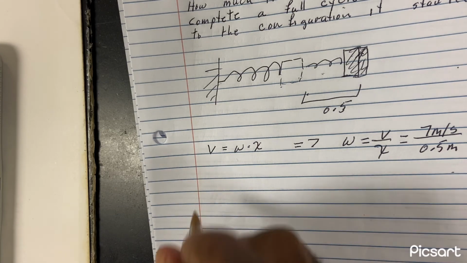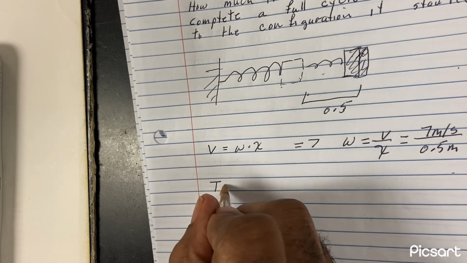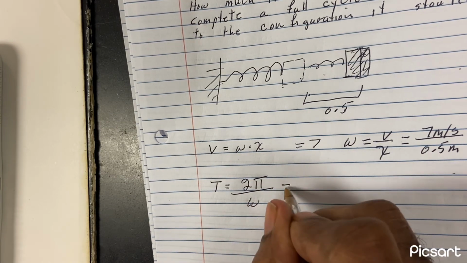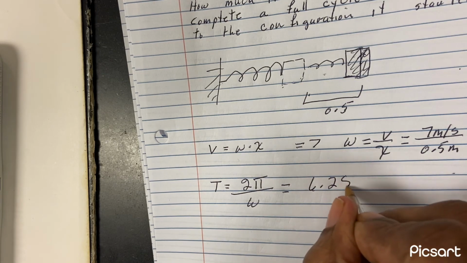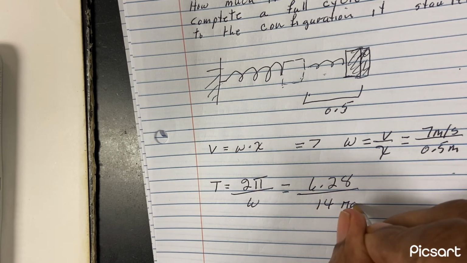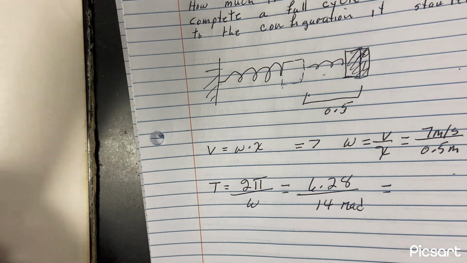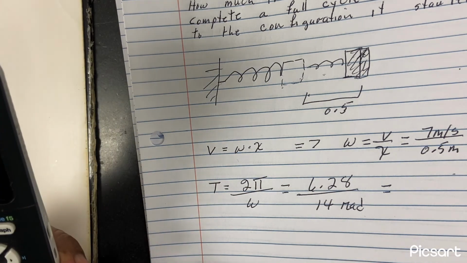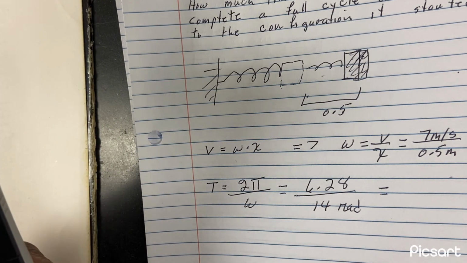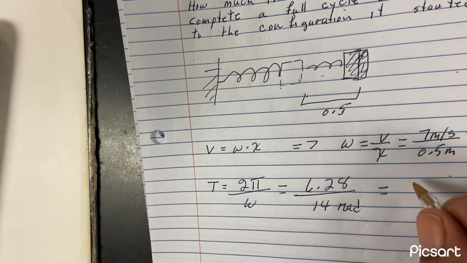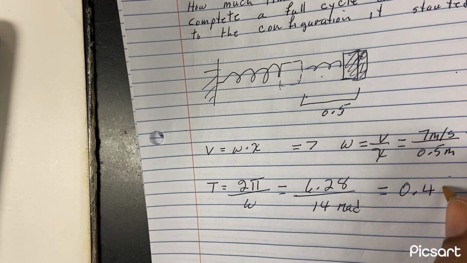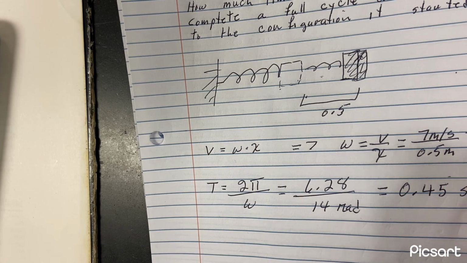So now for the period T, it's just simply 2 pi over omega, which is going to be 6.28 divided by 14 radians per second, and the period is going to be 0.45 seconds.